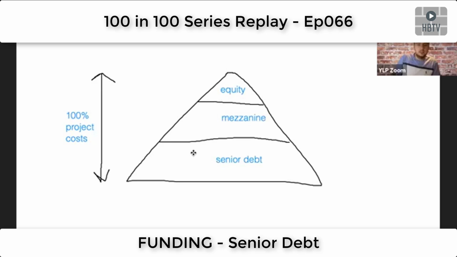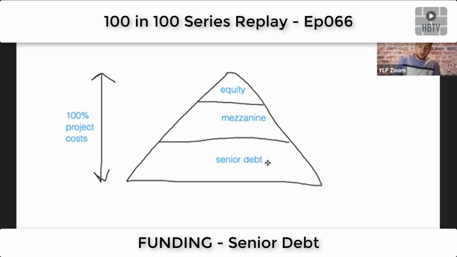So obviously senior debt is the bedrock of your development finance generally. As the name suggests, it is senior to everything else, and therefore it usually takes first charge. You typically find senior debt from a specialist development finance company, banks, institutional lenders.